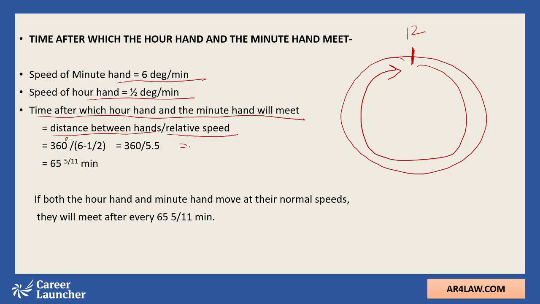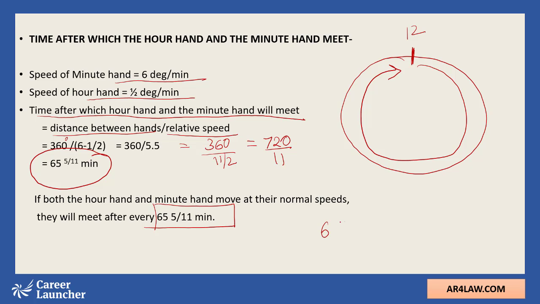When I solve it like this, it comes to 720 by 11, and if I convert it into a mixed fraction, it is 65 5/11 minutes. Now, this is the ideal time for a very correct clock: if both the hour hand and the minute hand move at their normal speeds, they will meet after every 65 5/11 minutes.